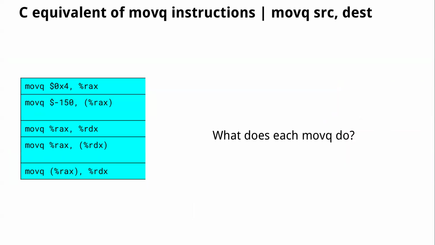Okay, so let's do this again. In the first instruction, the $ means that's a constant value. Move some value to RAX. What does the second instruction do? And how big is the data we're moving here? Second instruction.